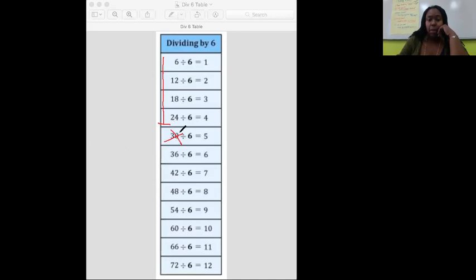That means I can't pass here. It's got to be one of these, and the closest one here is 24. So this is the one that I'm using. Okay, I'm going to use this box. All right, 24 divided by 6 equals 4. I'm going to rewrite that on our other sheet because it's the only box that I'm going to need right now. 24 divided by 6 equals 4.